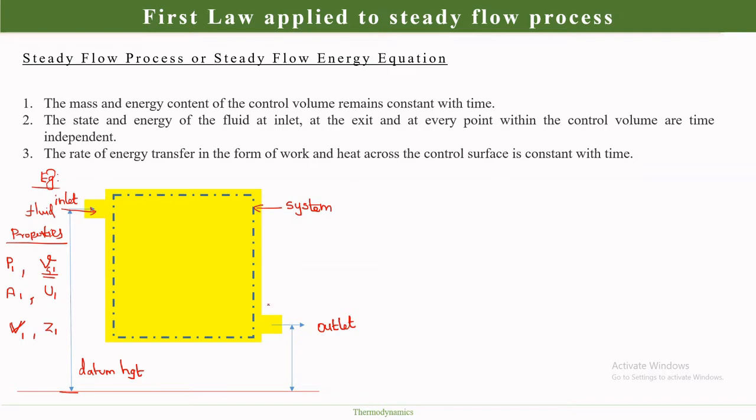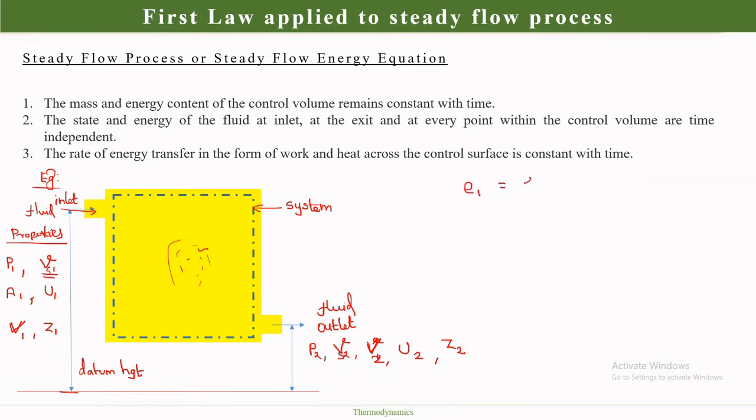Now coming to the outlet, after a certain process occurring here, my outlet fluid has pressure P2, specific volume Vs2, which is volume per mass, velocity V2, internal energy U2, and datum height Z2.